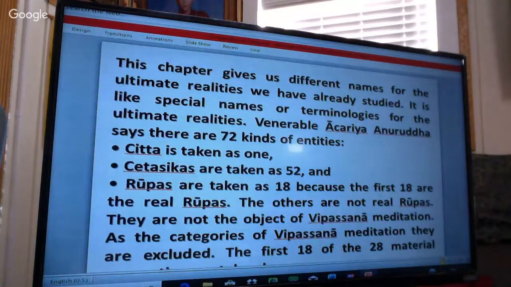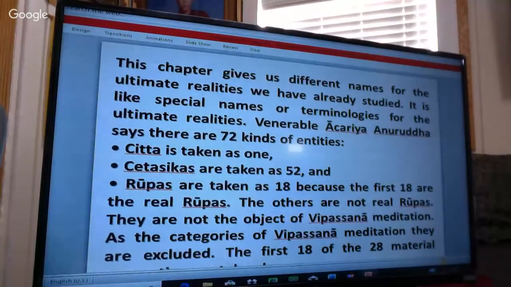All mind has the same characteristic. It is just knowing the object. So that's why in this chapter we count mind as one. And then the mental factors. There are 52 kinds of mental factors. They have different characteristics. For example, among the universal mental factors, phassa, contact, just strikes with the object, and then mind arises because of phassa.